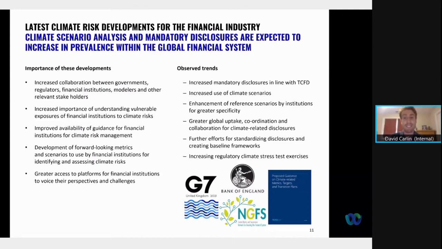What that means is, for institutions, they can begin using the TCFD as a structure, even if they don't have the reporting mandate required of them. It still provides a very useful way of understanding what the specific risks are and how they might be dealt with.